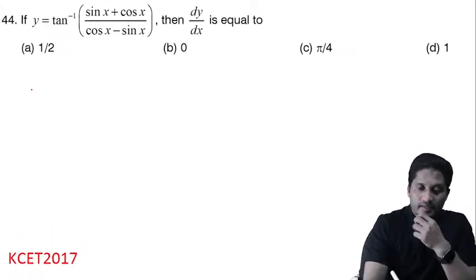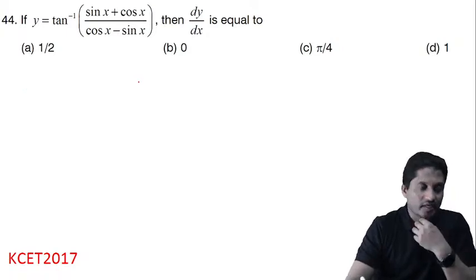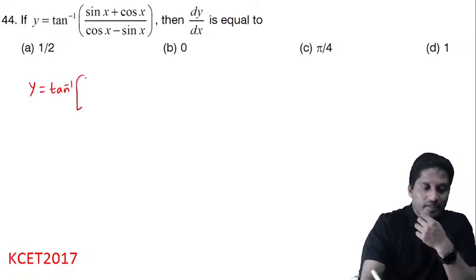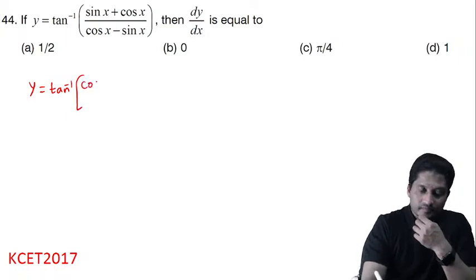All right, now listen. I'm supposed to differentiate this. Don't use the direct chain rule. I can write this as y is equal to tan inverse of cos x plus sin x divided by cos x minus sin x.